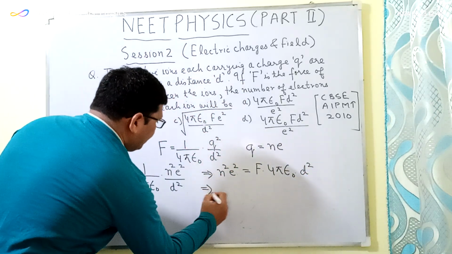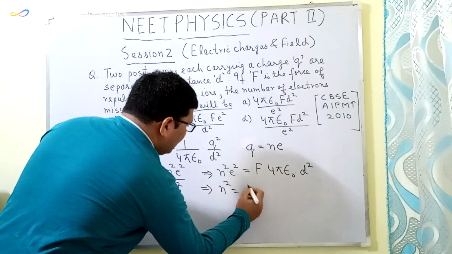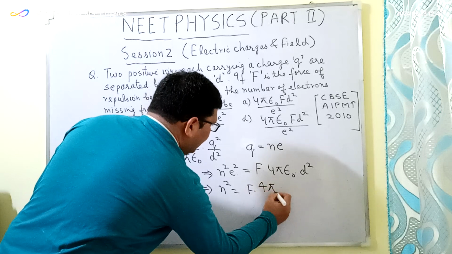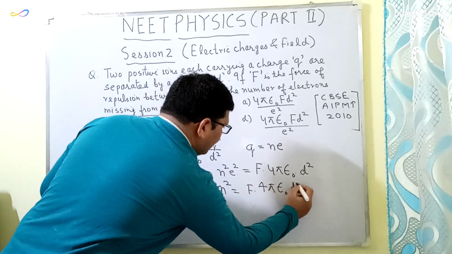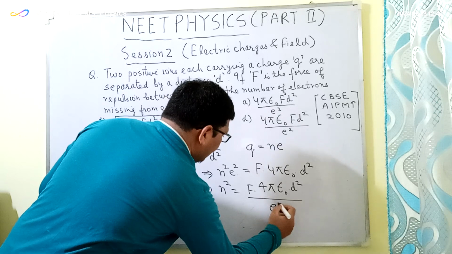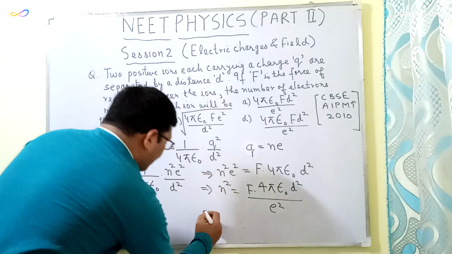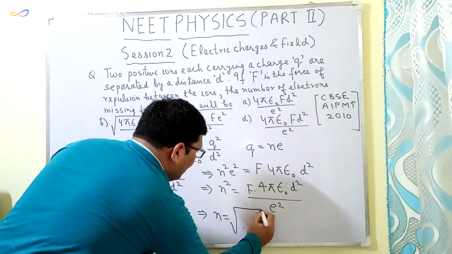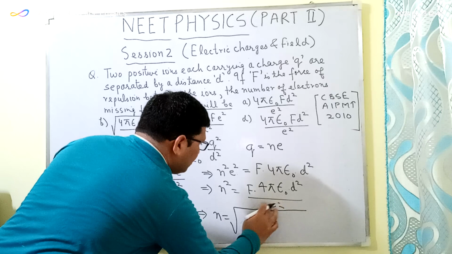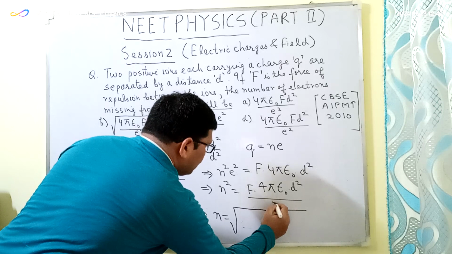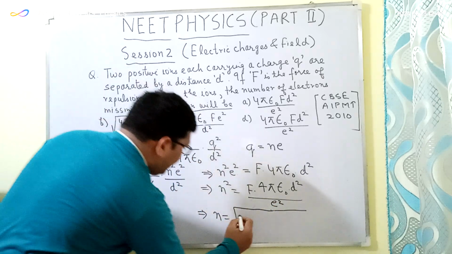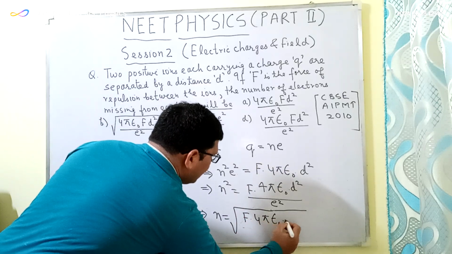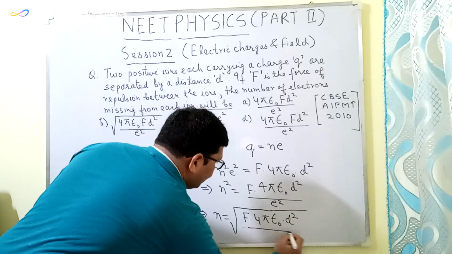So it implies that n square is equal to F into 4 pi epsilon naught d square divided by e square. Or we can say that n is equal to under root of F 4 pi epsilon naught d square upon e square.